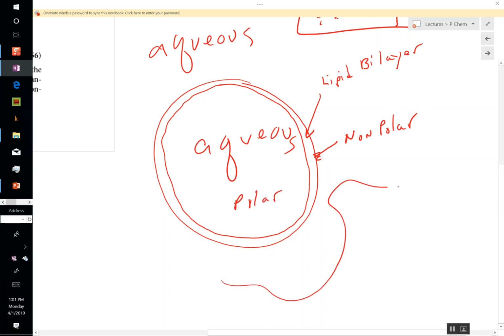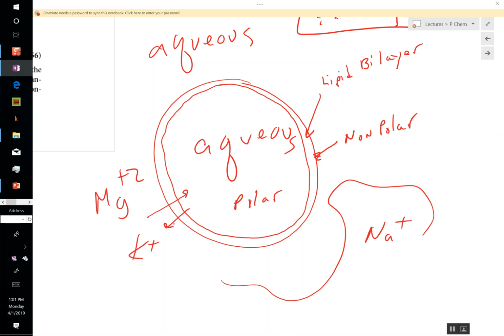And what we have floating around out here is a lot of things that are soluble in polar solvents. So you have to get across that semi-permeable membrane, which is a lipid bilayer, to get in and out of the cell by either active transport or diffusion or whatever.